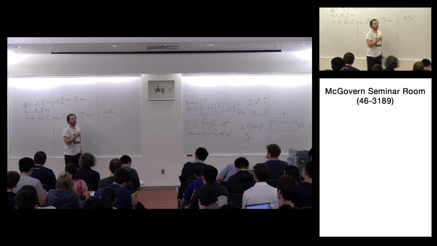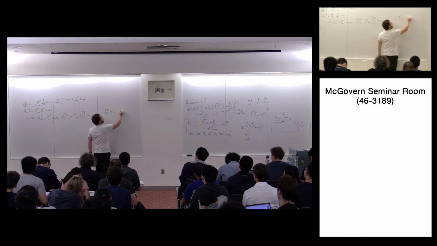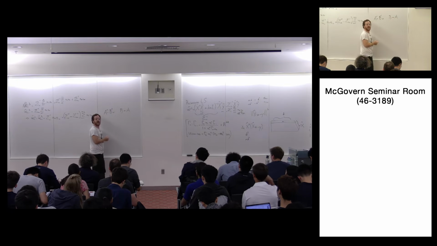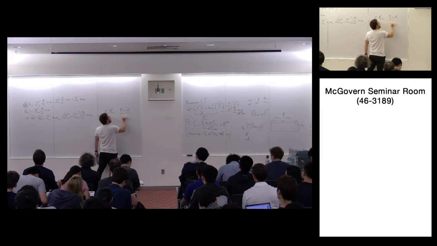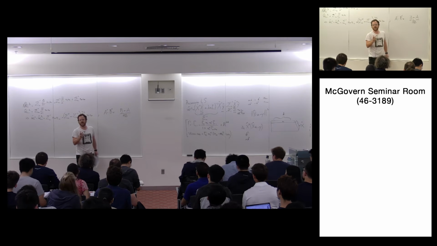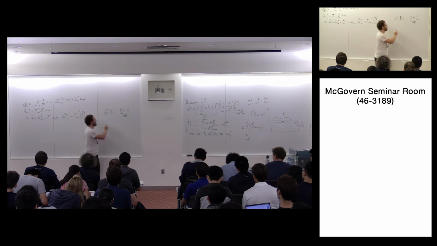If they were numbers, what would you do? You would get B minus A, say, divided by AB, if these were numbers. But these are matrices, okay? So you have to be a bit careful. You cannot just divide by a matrix.